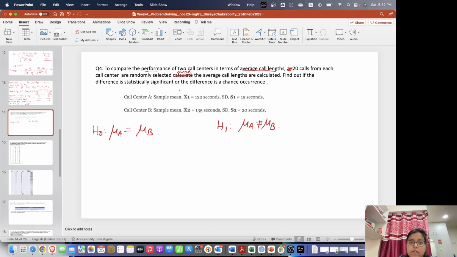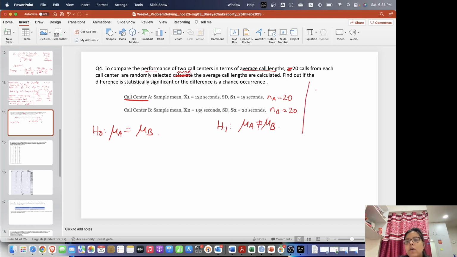For call center A, the calculation is based on 20 samples, or in other words, N_A is 20, and this is the sample standard deviation based on 20 samples.